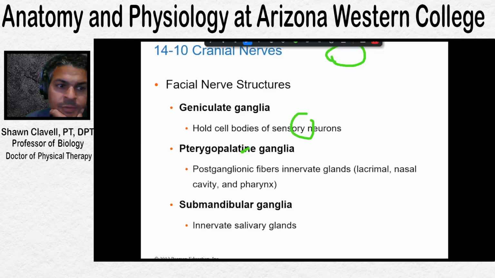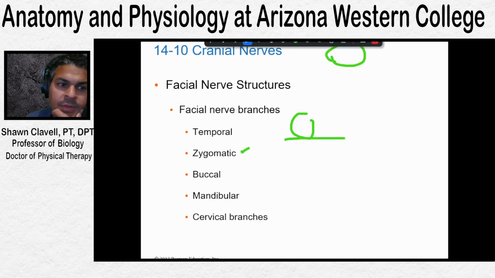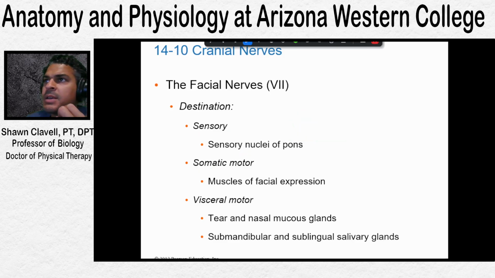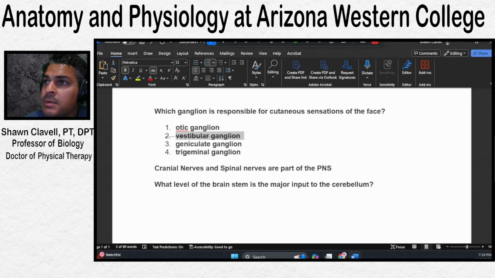And now the facial nerve, oh, sorry, you see there, right? Holds the cell bodies of sensory neurons, specifically of the face. It has a sensory component, a somatic motor component, but again, I would say that might also be related to the face, right?